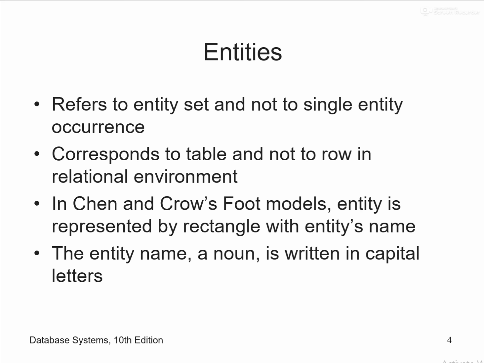And we have learned that at the modeling level, an entity actually refers to the entity set and not to a single entity occurrence. Okay, now if we map entities in a model, an entity maps to the table, not to a single row. A single row of the table is called an entity occurrence, but an entity by itself refers to the entity set, that is the whole table, not to one row of the table.